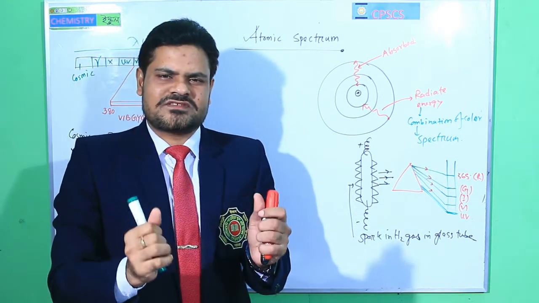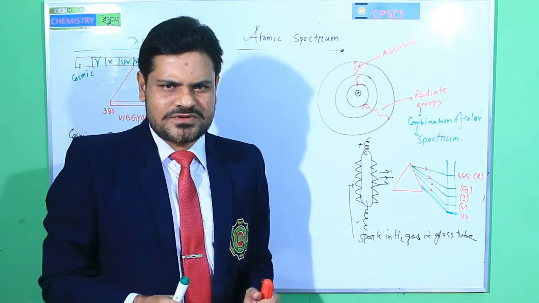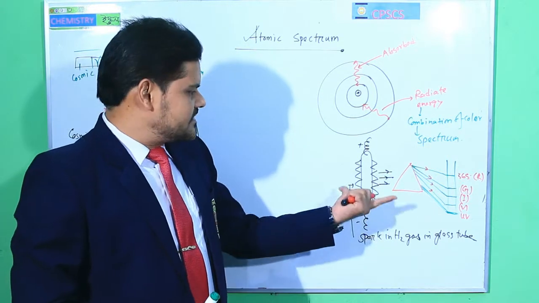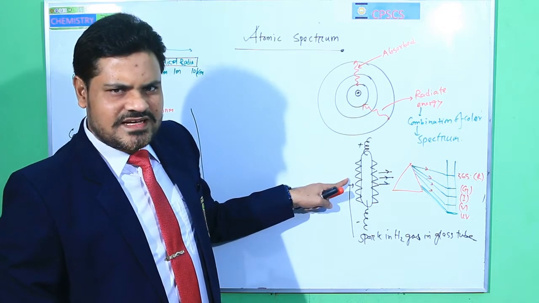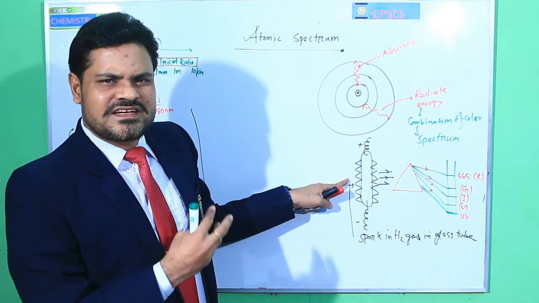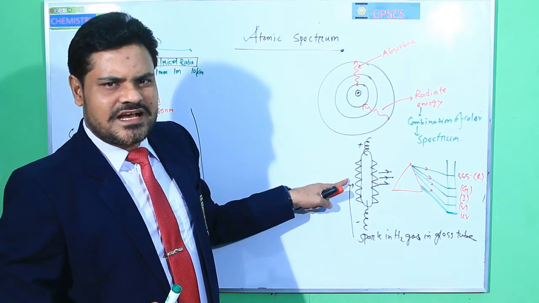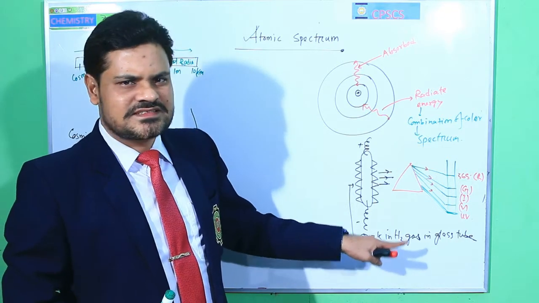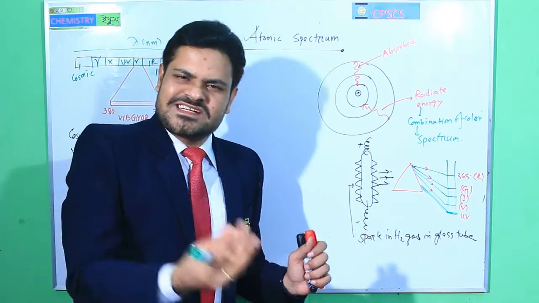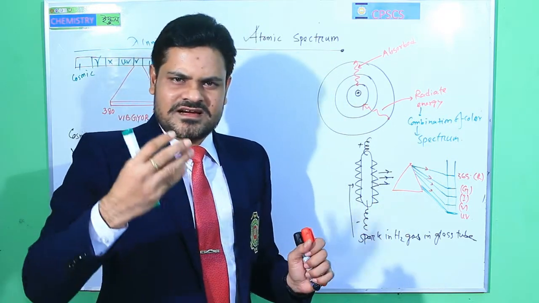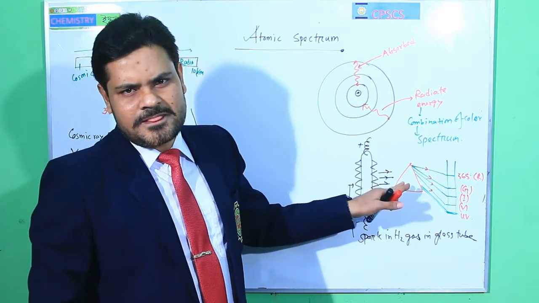How will the atomic spectrum form, dear learners? Look at here. There is a figure. This is a glass tube, filled with hydrogen gas. If we apply strong electricity, I mean a spark, to the hydrogen gas in this glass tube, then a yellowish radiating ray will be emitted from the glass tube.